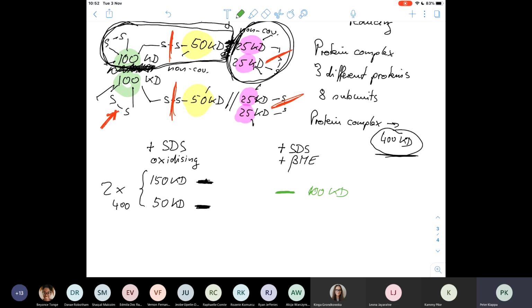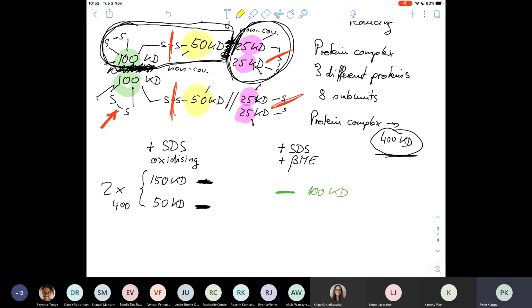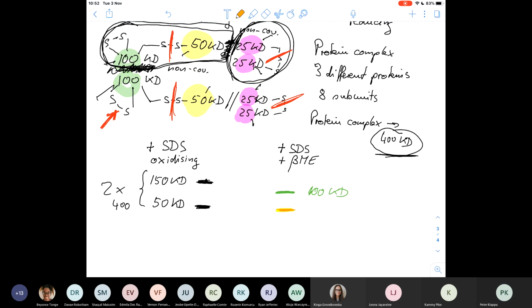Do we still get the 150? The 150 has been destroyed. It has been split into the 100 and the 50. So we would get, probably can't see that properly, let's do this one here.